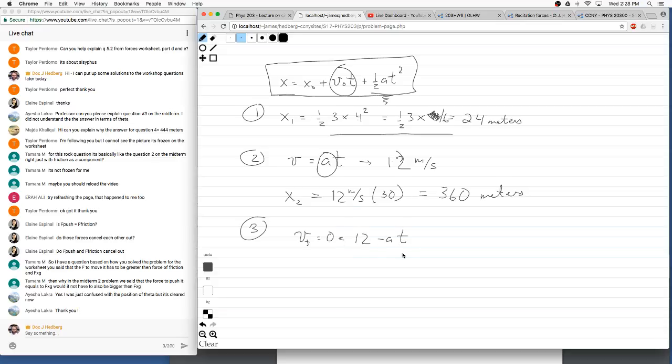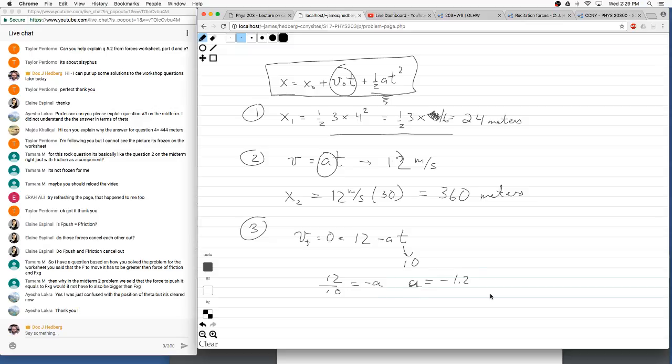T is going to be 10. So I'll get 12 over 10 equals negative a, and a therefore equals negative 1.2. So that's the acceleration it's going to take to slow down the train in 10 seconds.